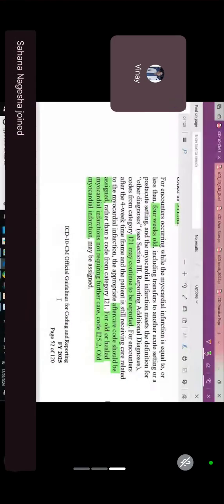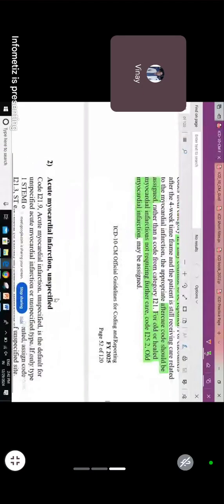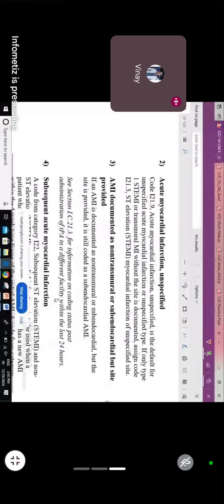Good. Now we don't have any guideline here. They are talking about what I will code for acute MI unspecified. We have an I-21.9 code.